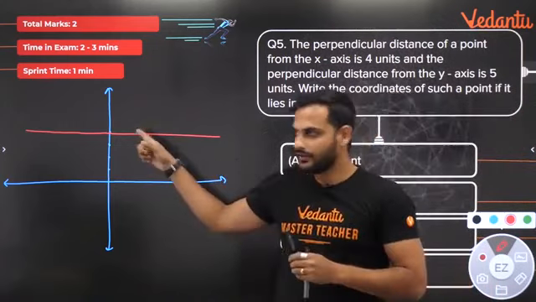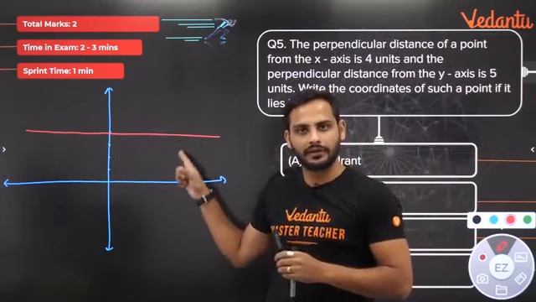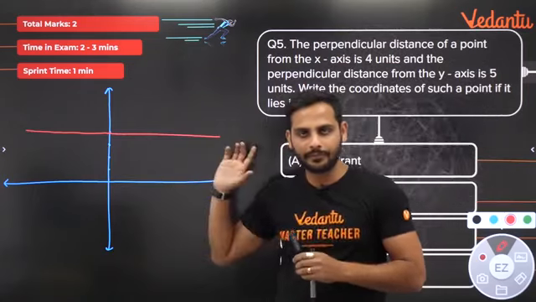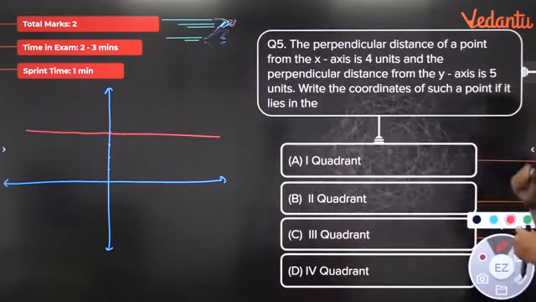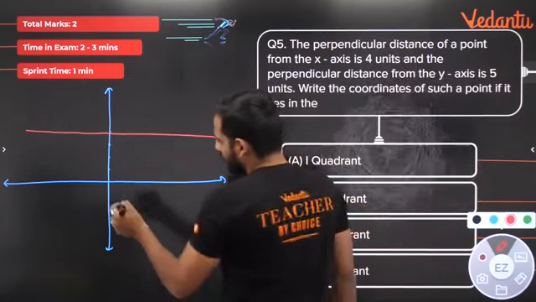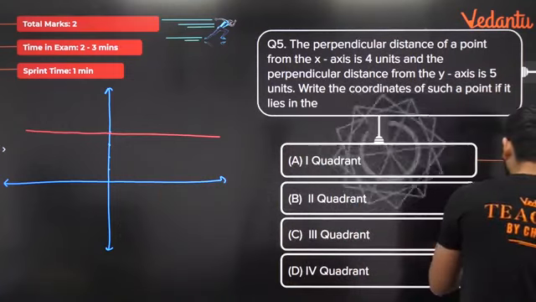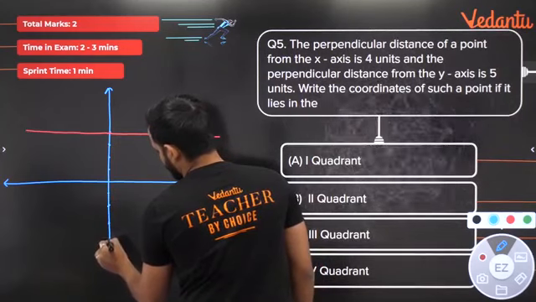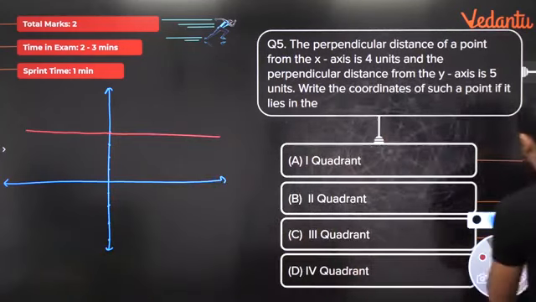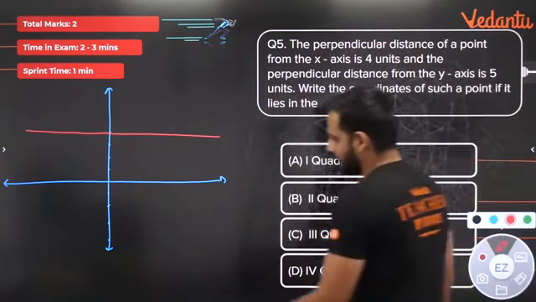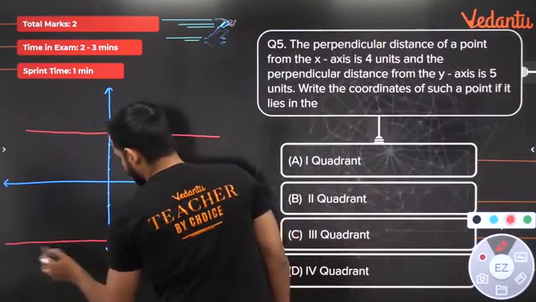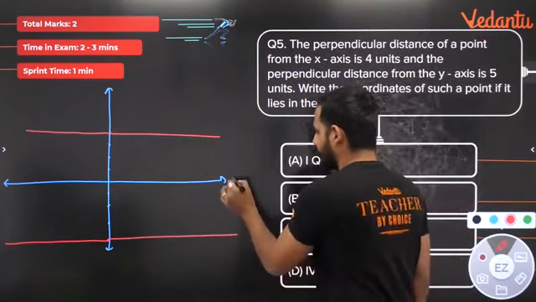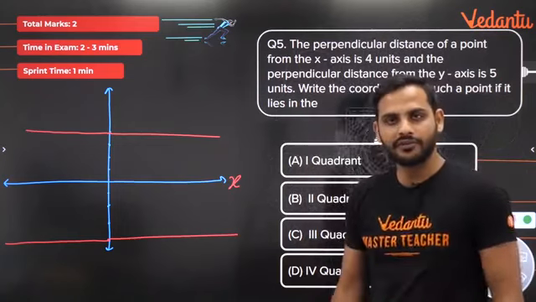These two lines are parallel, so the distance between them is 4 units everywhere. At the bottom also I can draw one more line at a distance of 4 units from the x-axis.